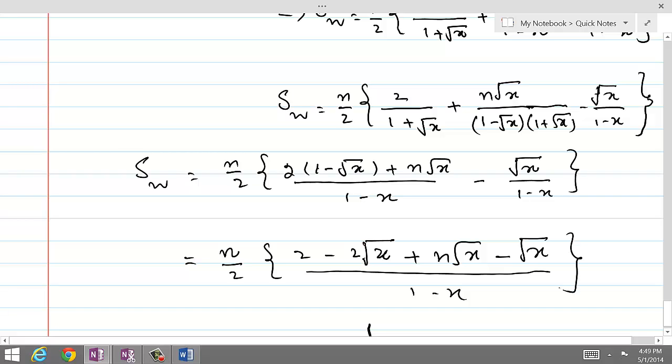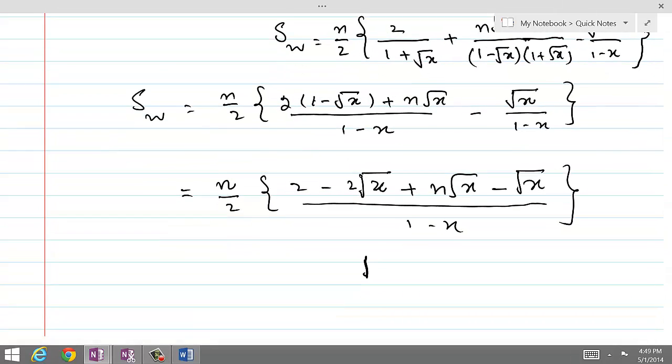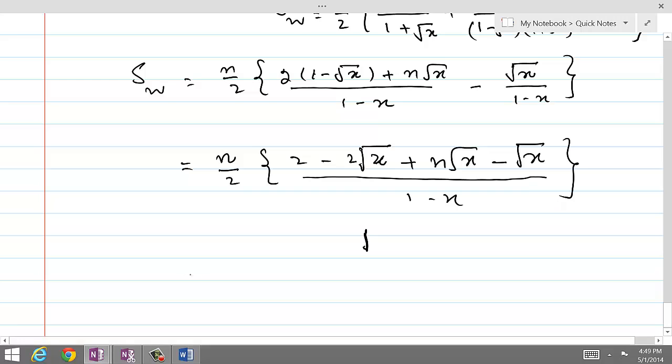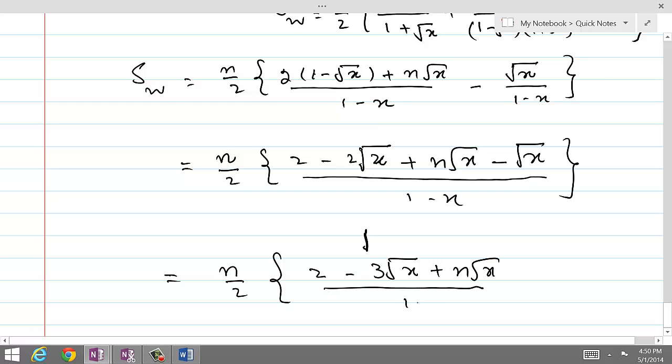So now this is how we can simplify this, and this is equal to n by 2 times 2 minus 3 into under root x plus n into under root x over 1 minus x.